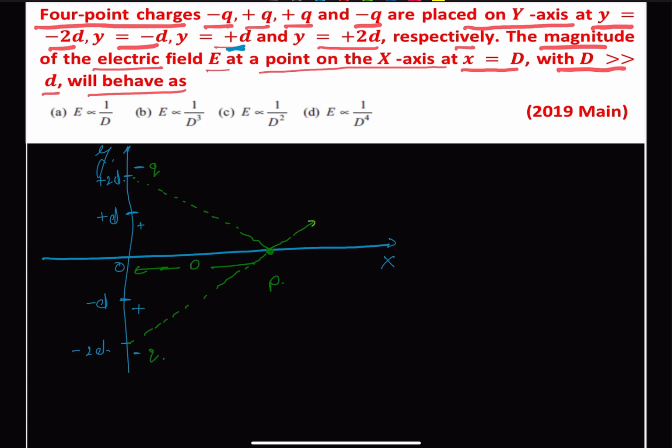Suppose this is our electric field E1 because of this, and we are going to have electric field E1 because of the charge which is at minus 2d.